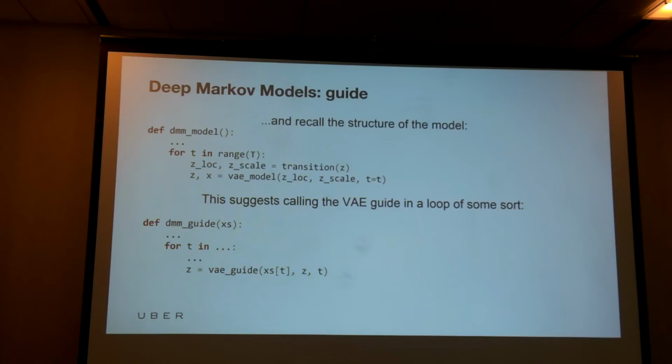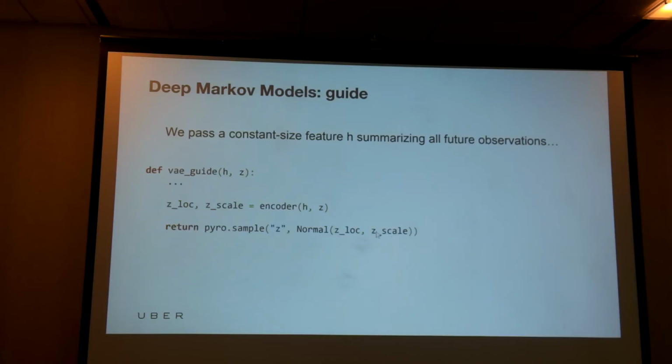So instead of doing something that's exactly the same as the model, what we can do is, instead of giving our VAE guide the data point, the observation, at a particular time, pass in a constant size feature that summarizes all future observations.